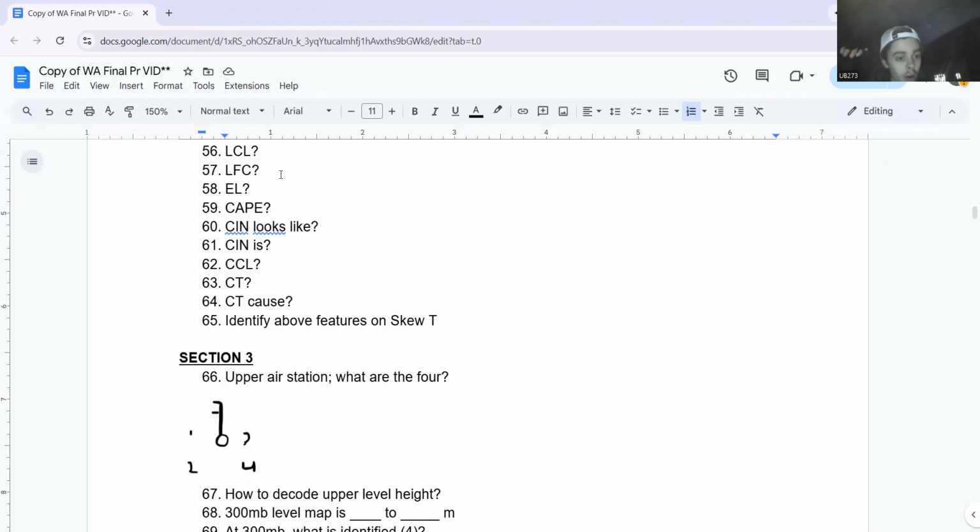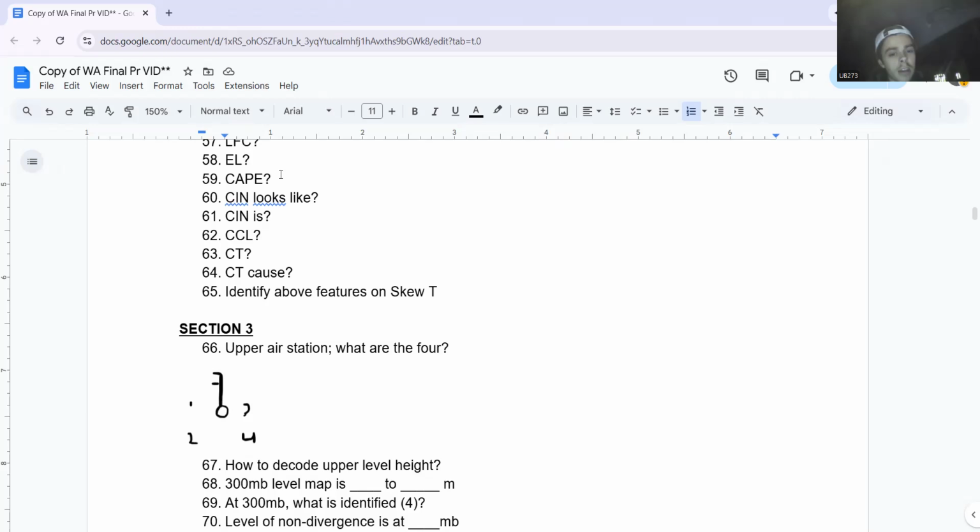And then CIN is the shape that's below the CAPE shape, and it's the energy that's able to lift the parcel to its LFC, which is the point where the CAPE starts. CCL is the height where the parcel is going to rise adiabatically to saturation. The CT is the surface temperature needed to start convective clouds, and the cause of the CT is solar heating.